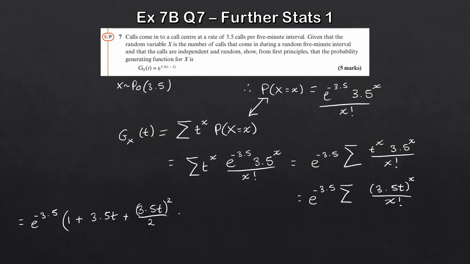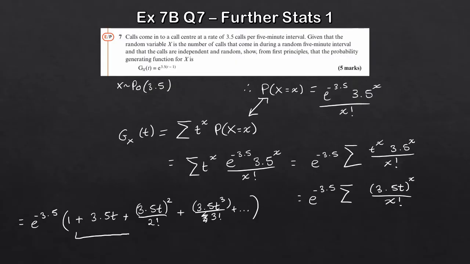I'll do one more term just to fully make it clear. Sorry, that'll be 3 factorial. Yeah, I'll write it as 3 factorial. So that'll be 3 factorial, that'll be 2 factorial there. Okay. Now obviously this summation will keep going. But you've got to recognise what this actually is here.